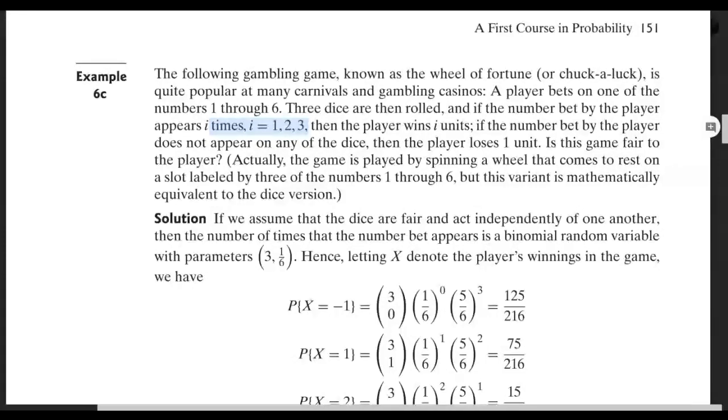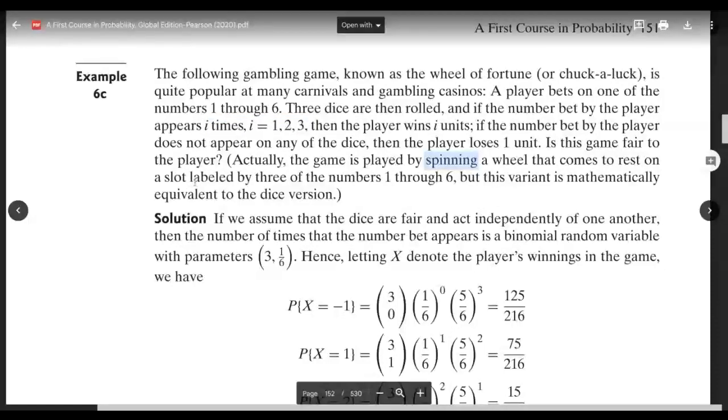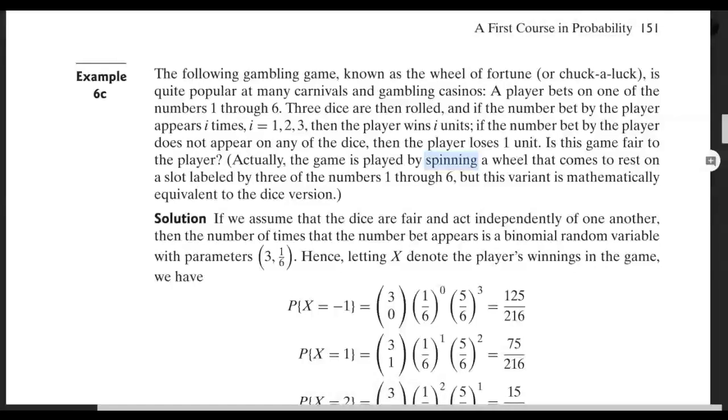I don't know how this is played. Let's see. Spinning a wheel that comes to rest on a slot labeled by 3 of the numbers 1 through 6. Okay. So we have this spinning wheel and the numbers 1 to 6. But when the 3 dice, what do you do with the 3 dice? So 3 dice are then rolled. So how do you determine winning or losing?